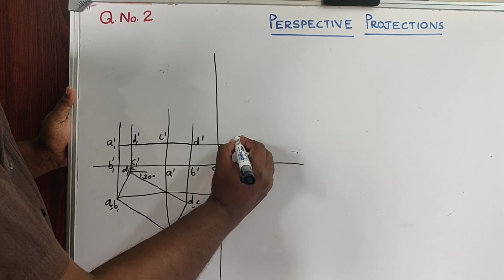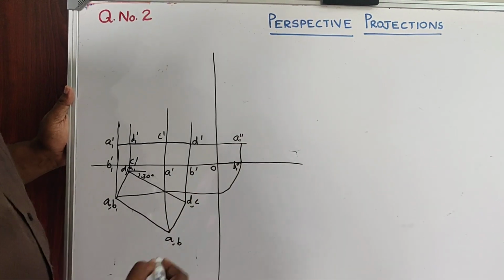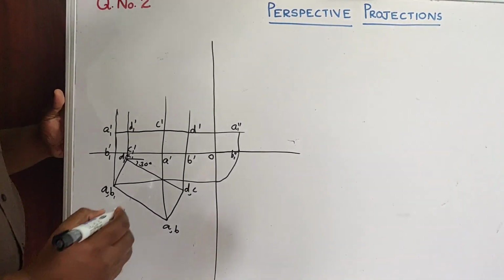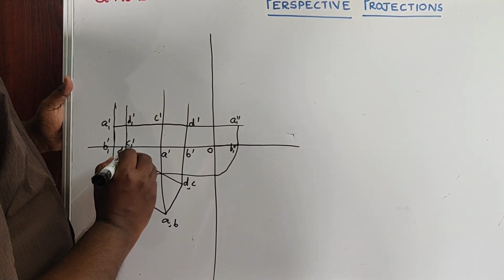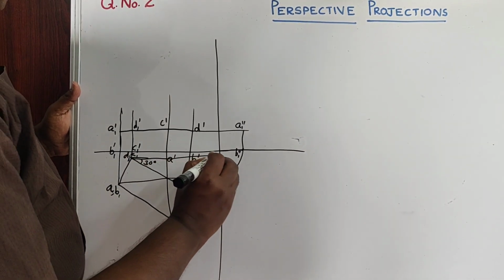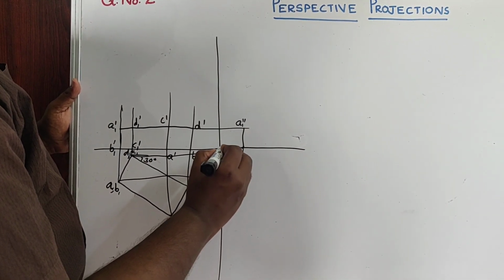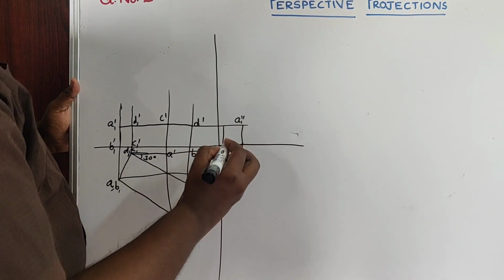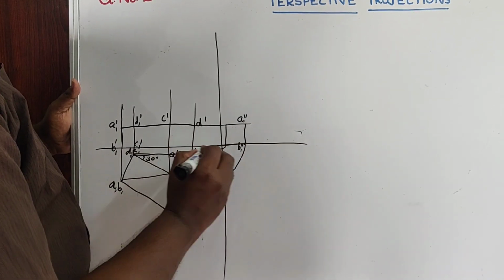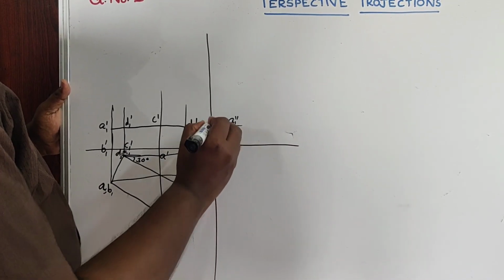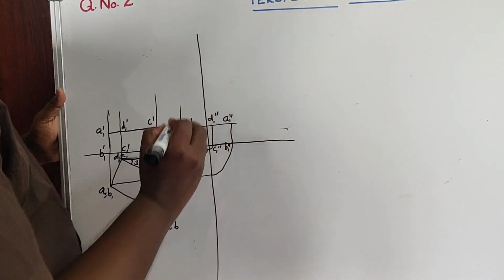So this corresponds to A1 double dash. Similarly, next you have D1 and C1. You can draw it here, rotate this, take in the upward direction. So you will have C1 double dash, D1 double dash.